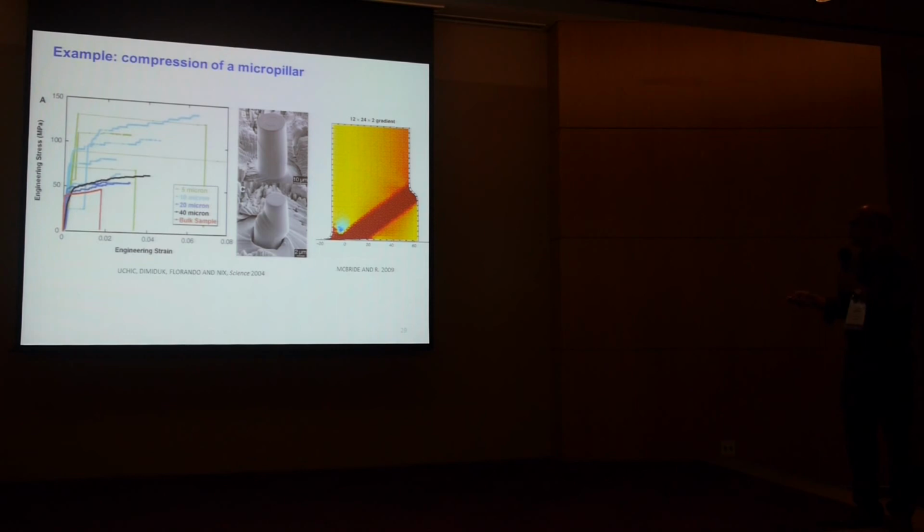That's what it looks like there. And depending on the size of this column, so the biggest one would be corresponding to the black curve here that does this. As it gets smaller, we go to this mauve, light blue, the green. Smaller, it apparently becomes progressively stronger, which is the size effect.